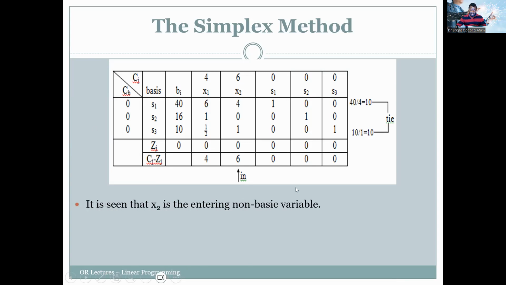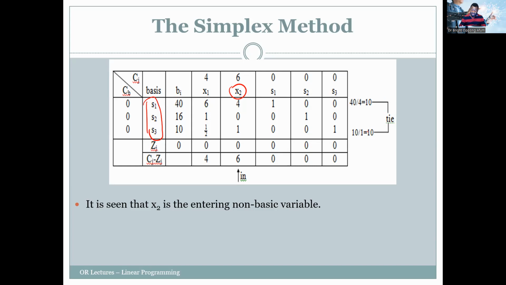Here you will see that the Bi divided by the entering non-basic variable column, for x2 to enter into solution and replace either s1, s2, or s3, is 40 divided by 4, which gives 10.